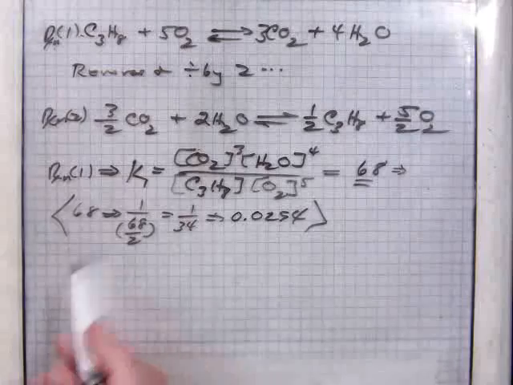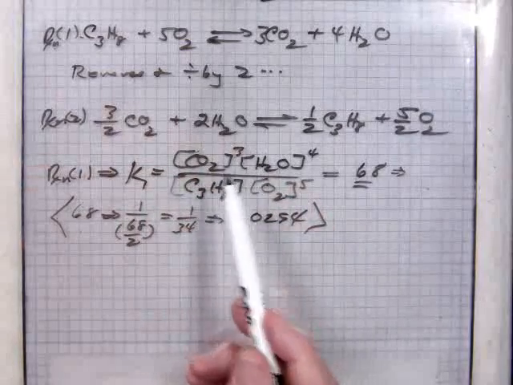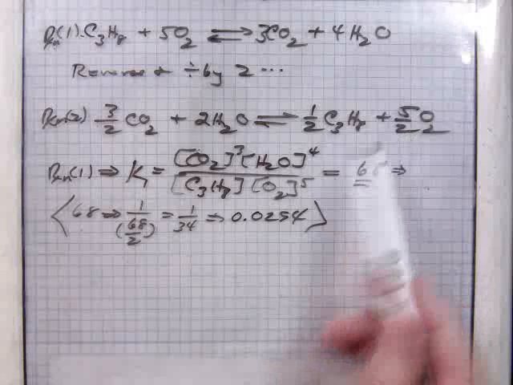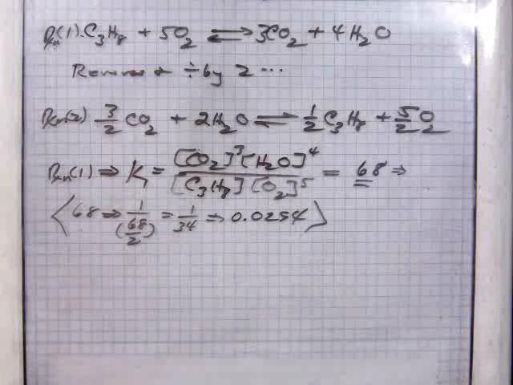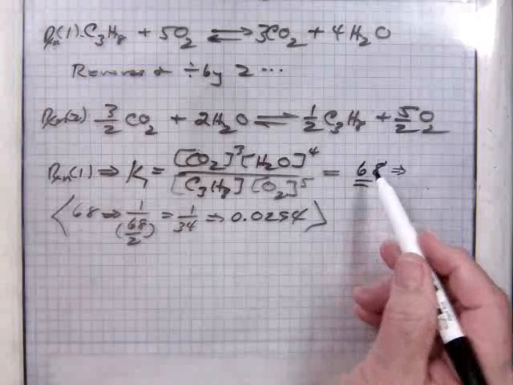What you have to do is write your equilibrium expression for K1 and then the equilibrium expression for K2 and ask yourself, how did I go from 1 to 2? And then you apply that to the 68.